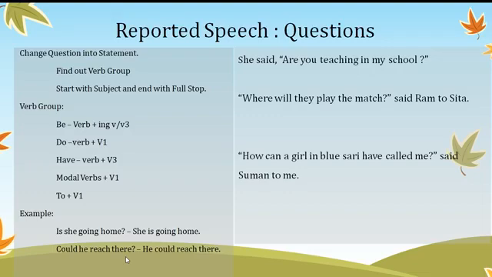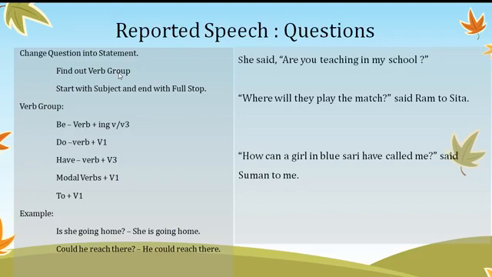And when there is a question, how do you come to know it is a question? The question mark always comes at the end. So when we know this is a question, now you have to change it into a statement. You have to start from the subject. So for that, what do I have to do? Find out the verb group. Okay, you have to find the verb group. What are the verbs in the sentence?